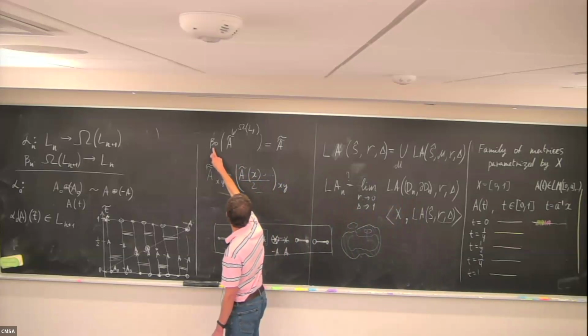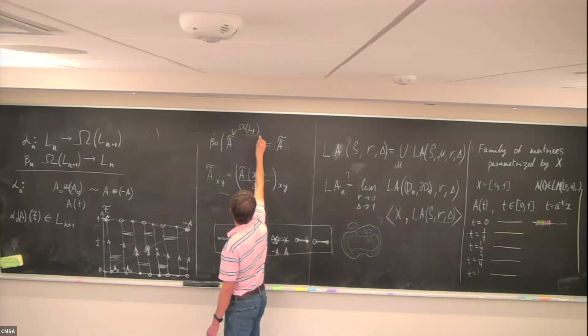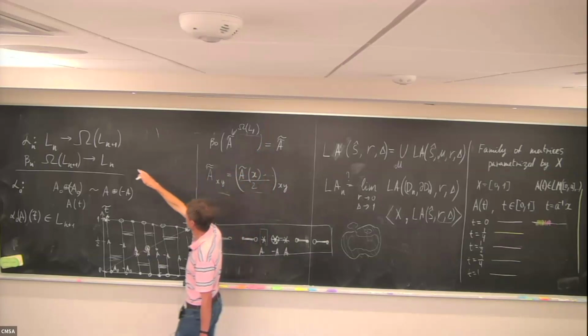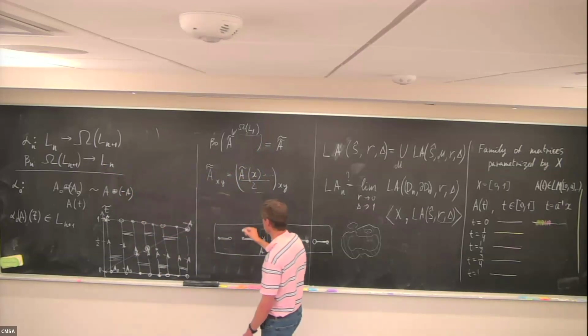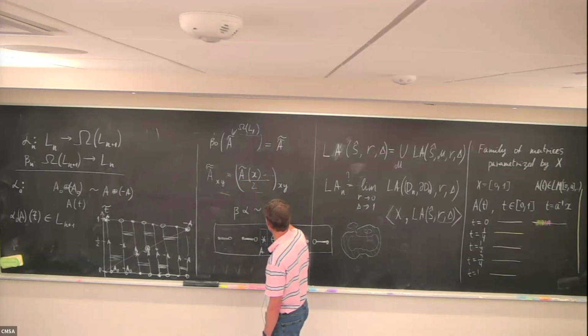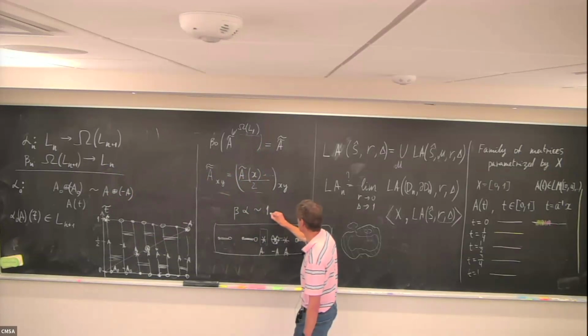So it's indeed a map. Beta 0 is a map from the loop space to the space of matrices in one dimension lower. And this argument shows that beta alpha is homotopic to the identity map.